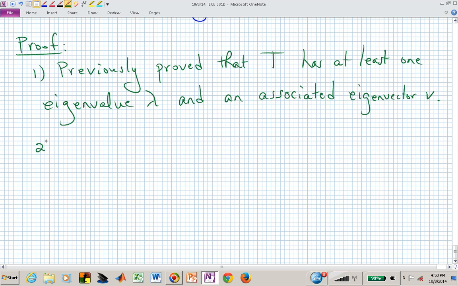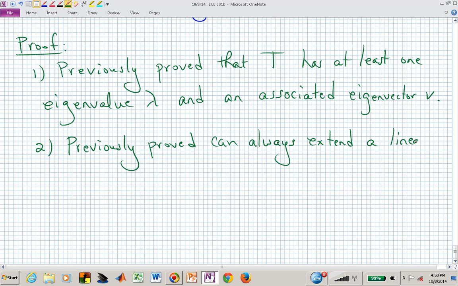We've previously proved that we can always extend a linearly independent list of vectors into a basis.